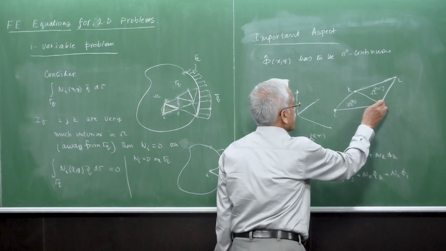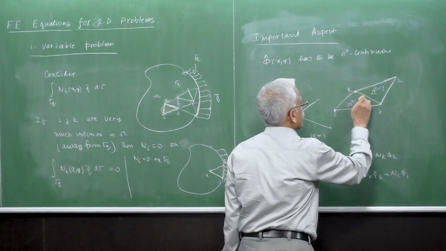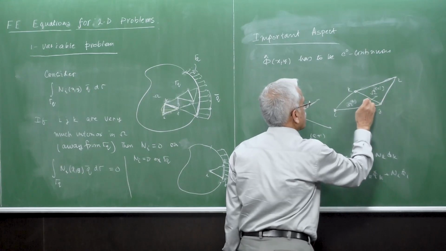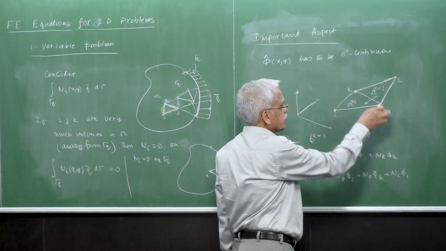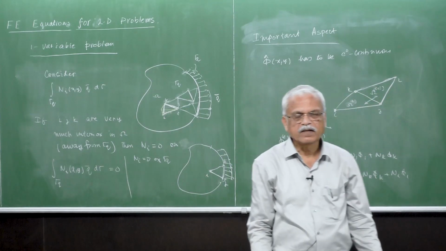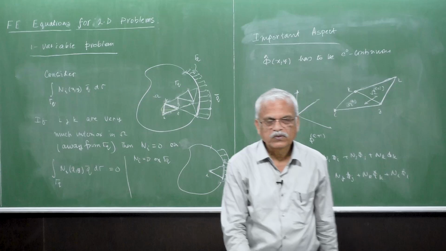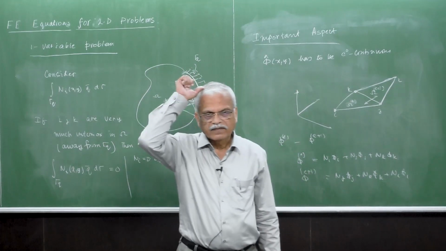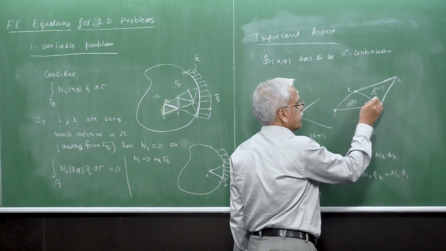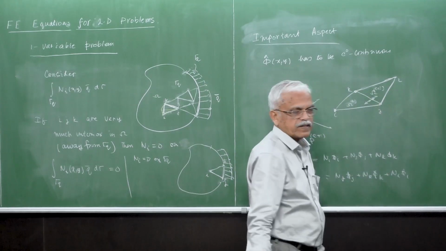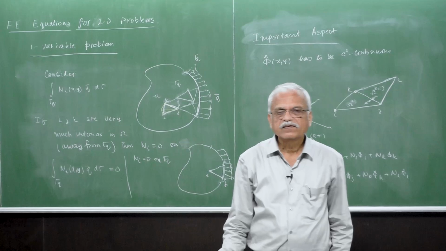So what is the guarantee that when you go from element e to e plus 1, when you cross this border jk, the inter-element boundary, you are going to have the same function value? So that means that here in this element and here in this element, are they exactly the same?